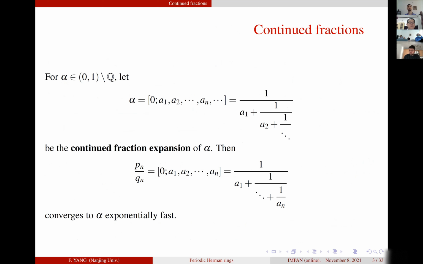For every irrational number alpha, we can write alpha as its continued fraction expansion [a1, a2, ..., an, ...]. And the nth convergent, pn over qn, converges to alpha exponentially fast.